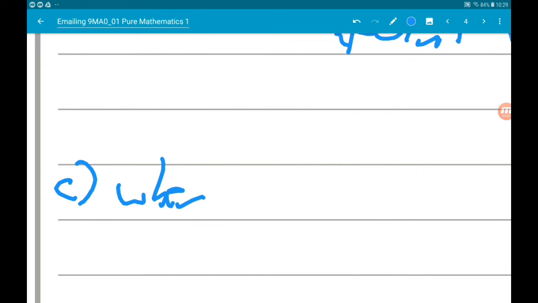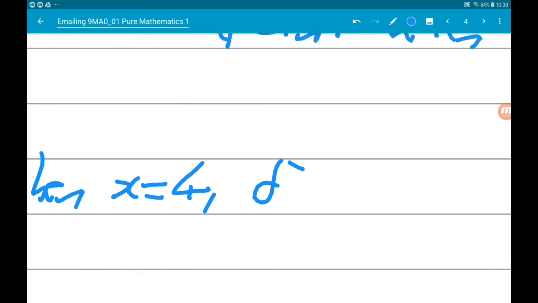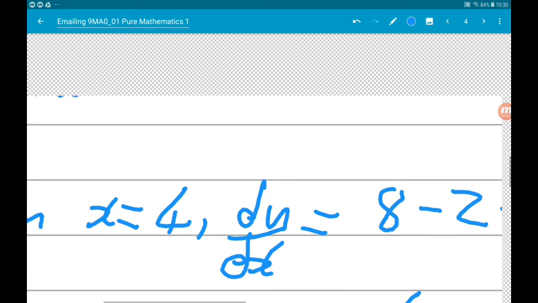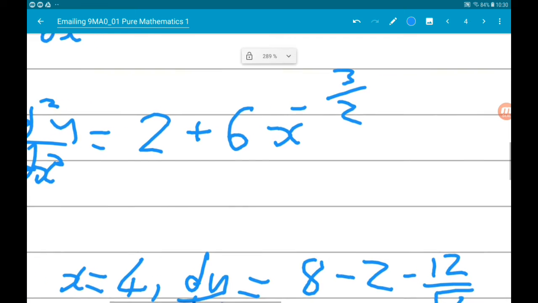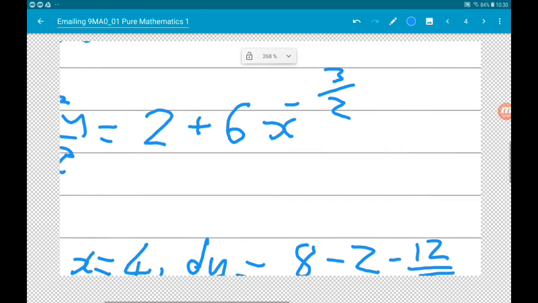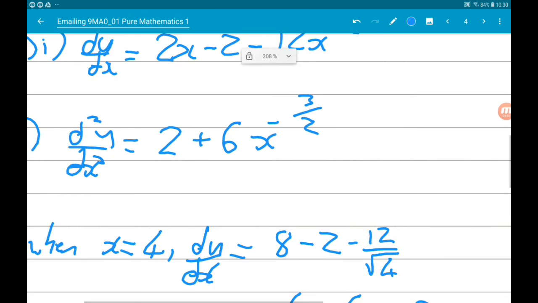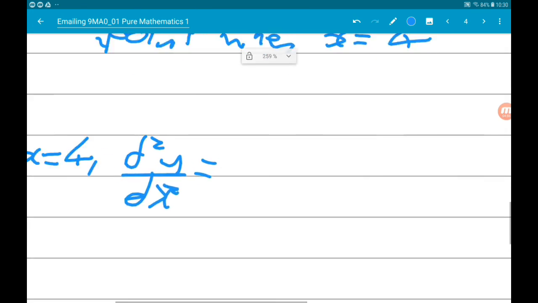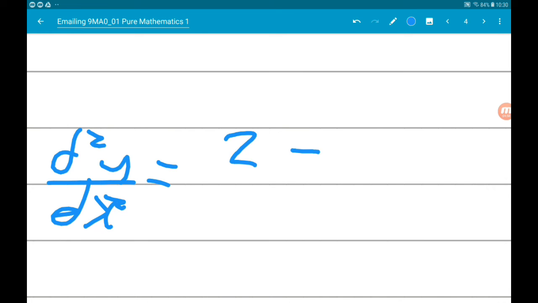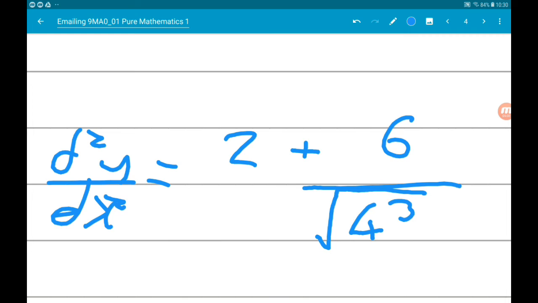When x is equal to 4, d squared y over dx squared is equal to 2 add 6 over the square root of 4 cubed.